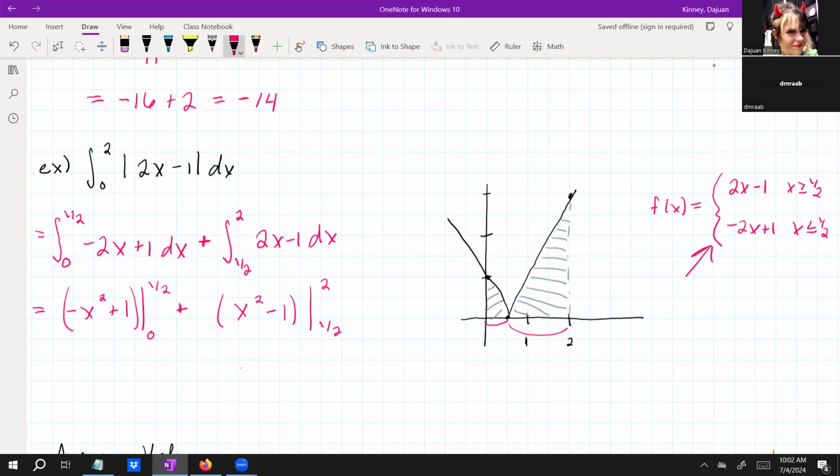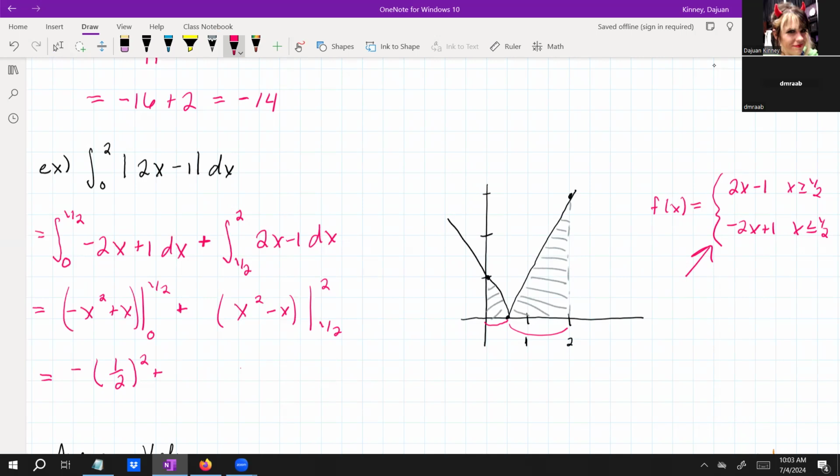Okay, plug this in. Negative 1/2 squared. That should not be a plus 1. Those should be plus x's. Hopefully you caught that.